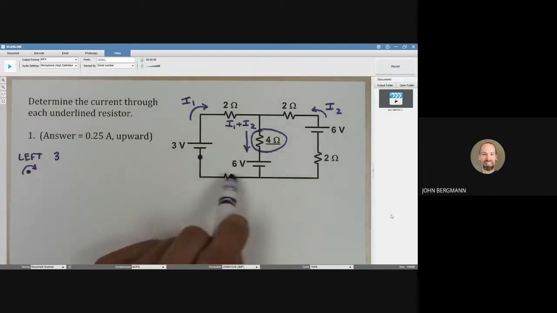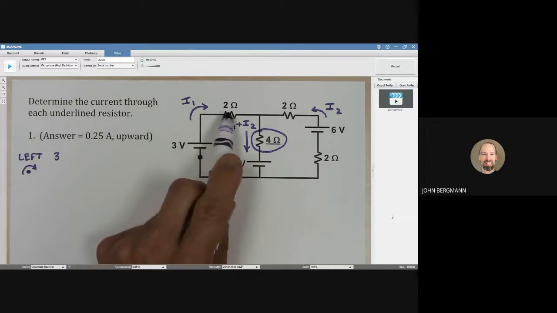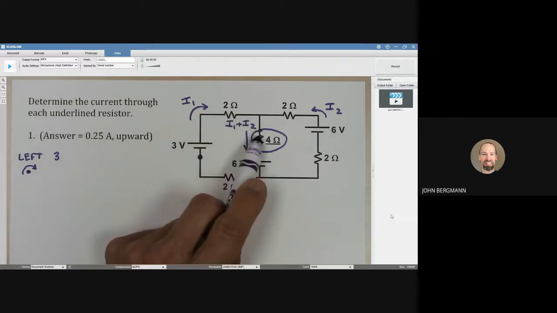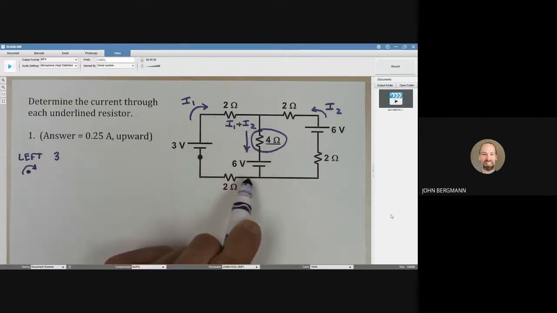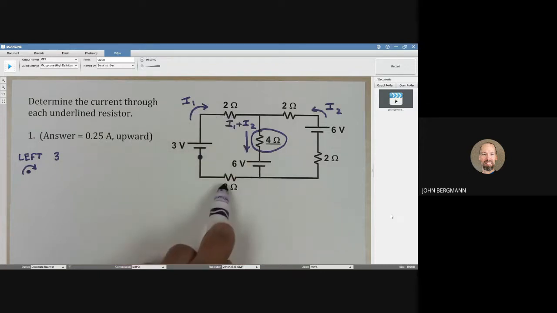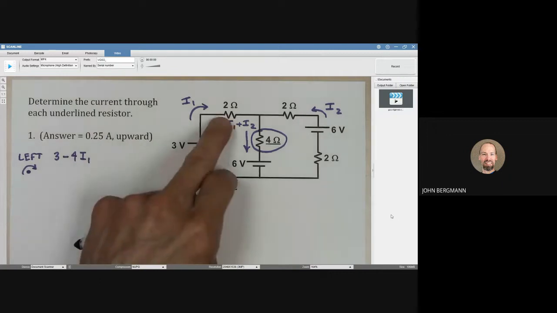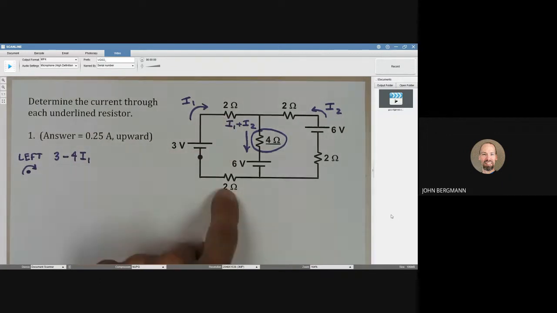We're going to end up back at the dot, which means this I1 is going to combine with I2 coming through the middle part of the circuit here, but then it's going to be I1 by itself again. So in other words, I've got 2I1 up here, and then another 2I1 down here. So I'm going to save myself a little time by saying minus 4I1.